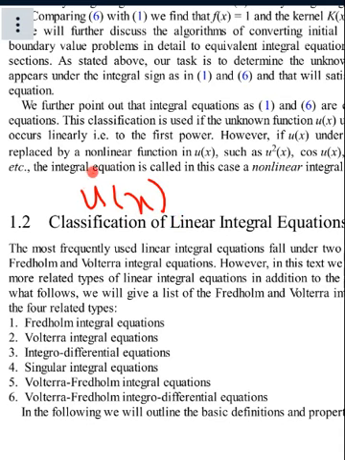So if it is u squared, it is not acceptable. Or if it is cosine of u, it is not acceptable as a linear integral equation. And whatever except u of x.